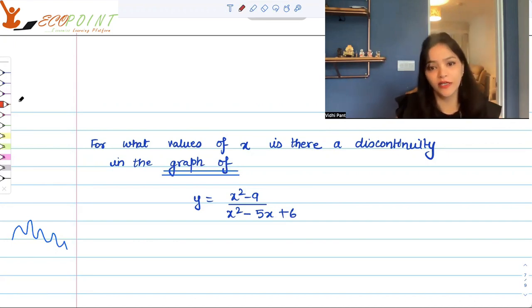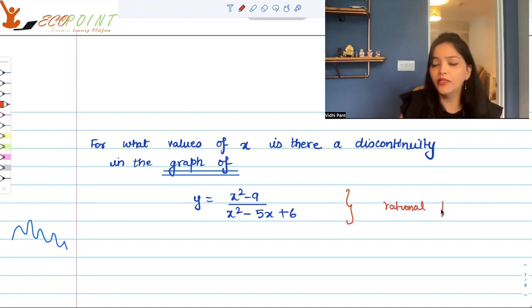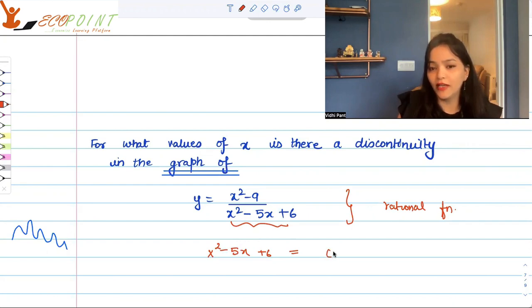So here, if I'm asked this question, what are the points of discontinuity? I know that this is a rational function. I know that the points where I will have discontinuity are the points where my denominator becomes 0. That will create a problem. So your x square minus 5x plus 6, you can factor it out and you will see that (x minus 2)(x minus 3) are the two factors.